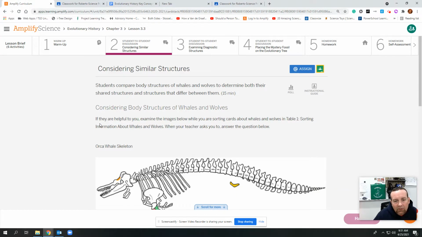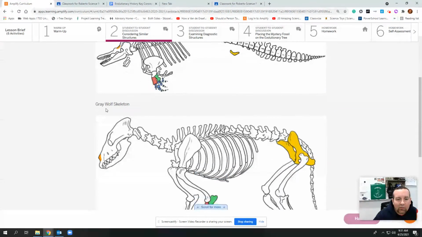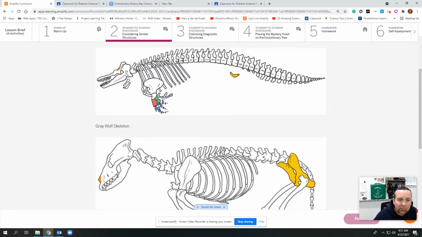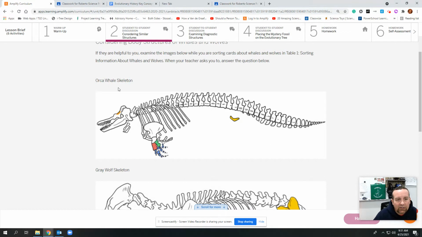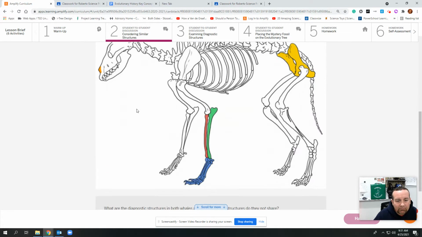All right, friends. So for part 2, there's some talk up here in your instructions about your sorting cards and a sorting table. I'll show you that in a minute. Right now, the key thing that we're going to be doing is comparing the orca whale skeleton with a gray wolf skeleton.